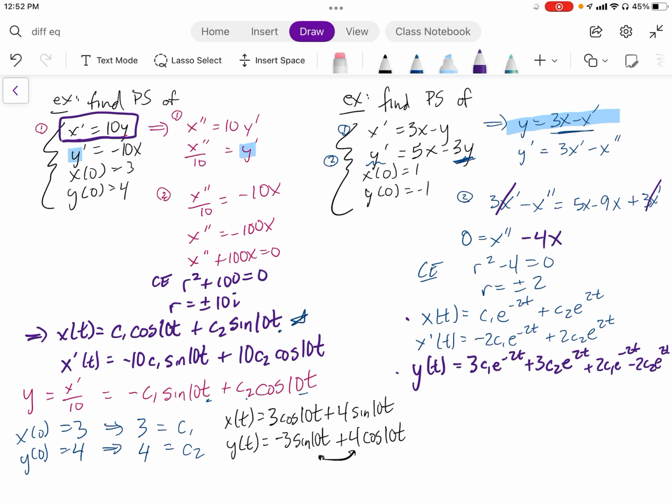Okay, there was 3x minus x prime, right? Combining like terms, we now have 5c1 e to the negative 2t, and then plus c2 e to the 2t.